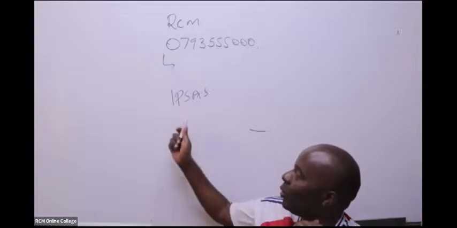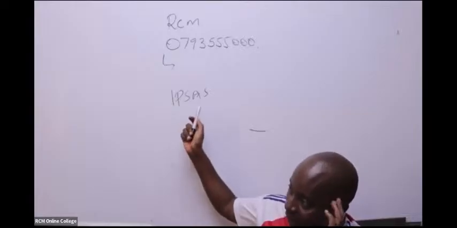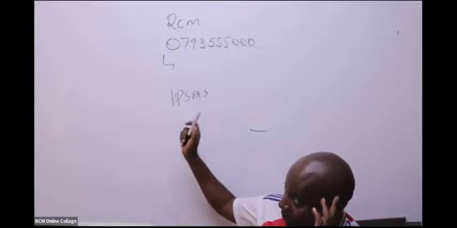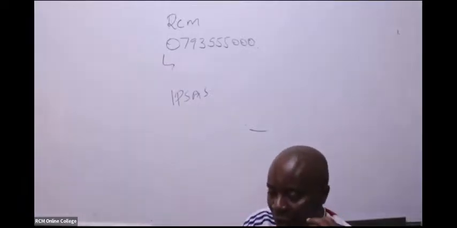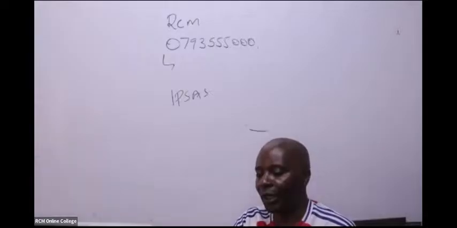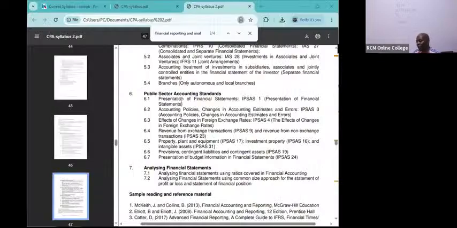Then they account for their incomes, liabilities, assets, etc., using this framework called International Public Sector Accounting Standards. Now, ladies and gentlemen, please listen to me very well. So this IPSAS, we have IPSAS 1, presentation of financial statements.